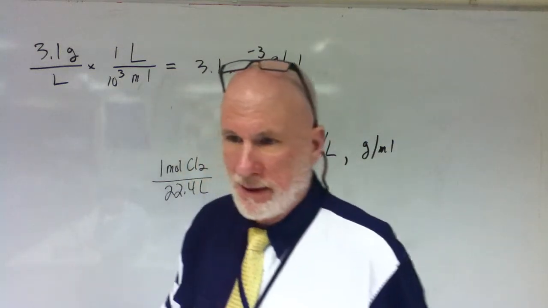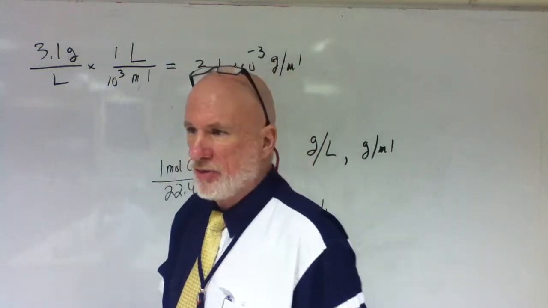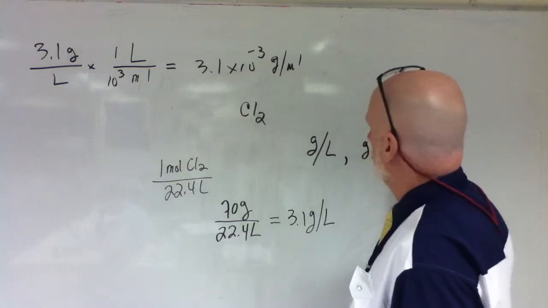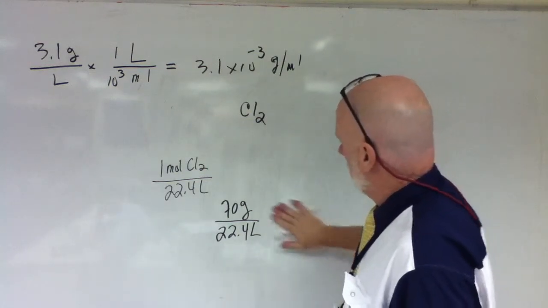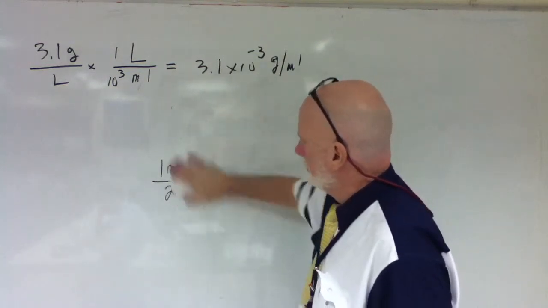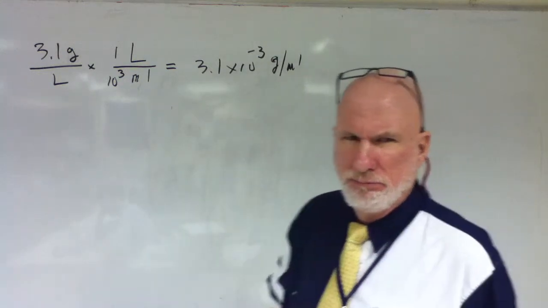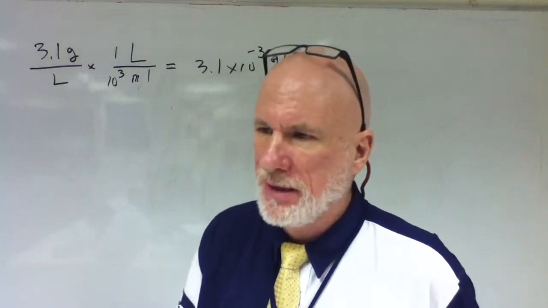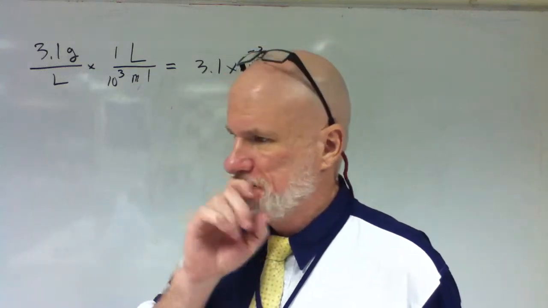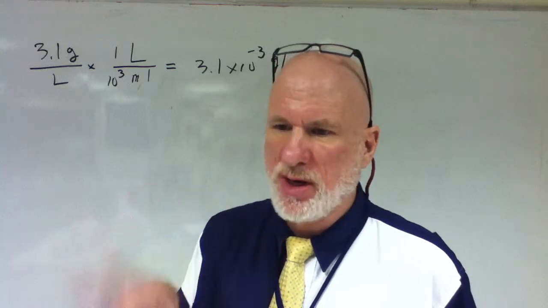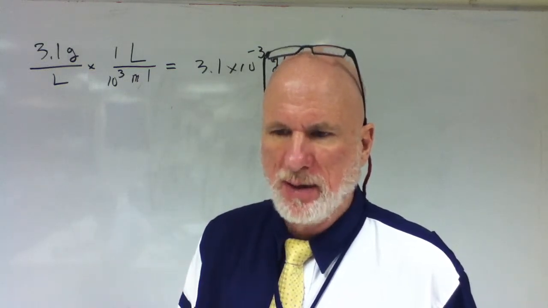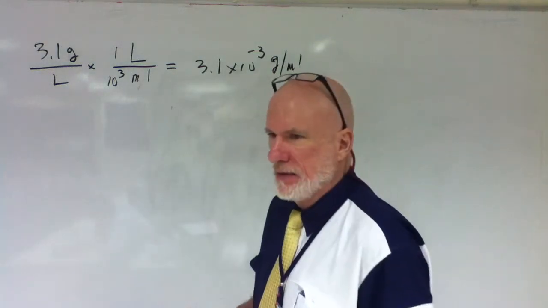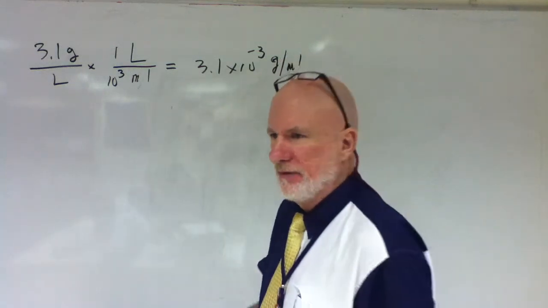What is air mostly? It's nitrogen, good. So what's the density of air if it's just mostly nitrogen? I know it's got oxygen in the air and a little argon too, I understand. But let's just pretend it's all nitrogen. It'll be a little bit more dense than this, but let's pretend, okay? So what would the density of air be if it were all nitrogen?